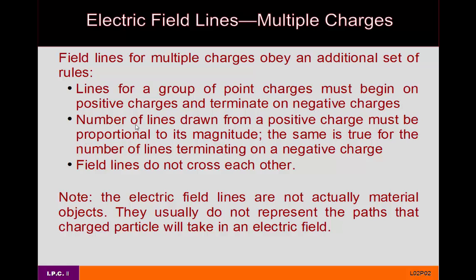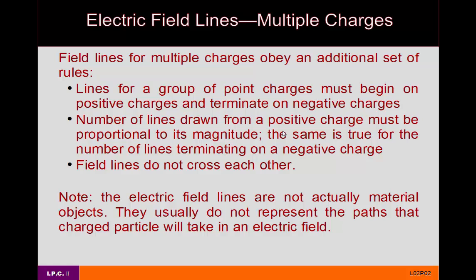Second of all, the number of lines drawn from a positive charge or drawn to a negative charge have to be proportional to the magnitude. I kind of discussed that briefly in talking about field lines for a single charge. I'll say it more explicitly here.